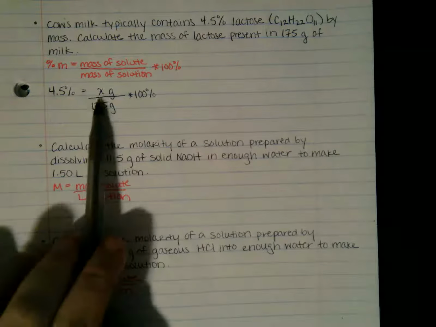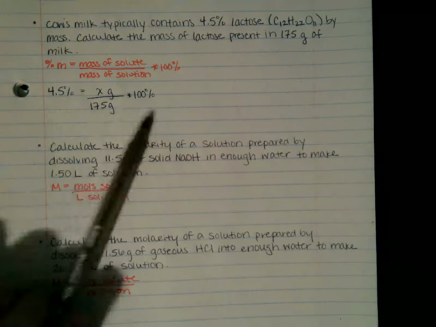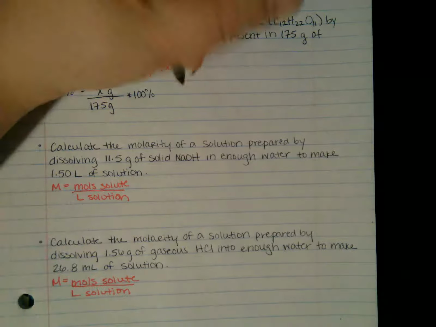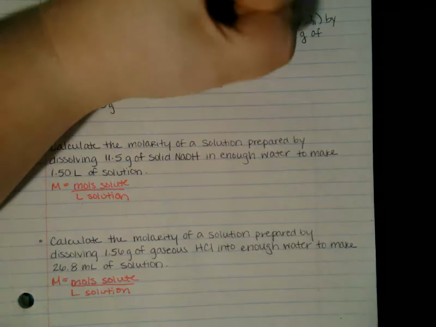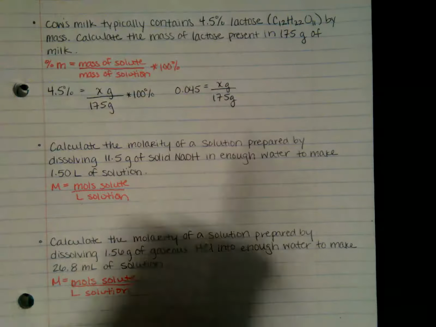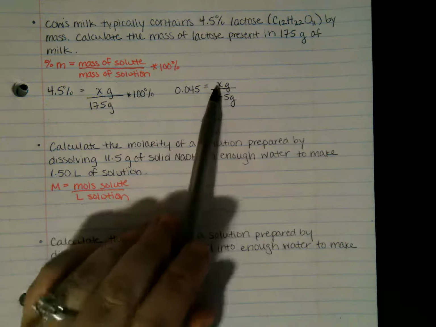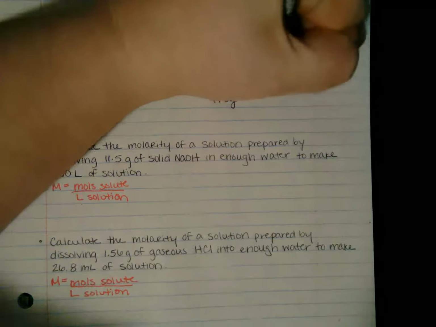Okay, so to solve for this variable, we need to, first of all, divide both sides by 100%. So we end up with this. And then to solve for x, we need to multiply both sides by 175.